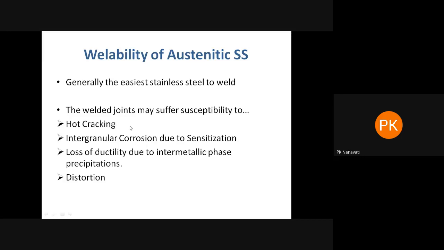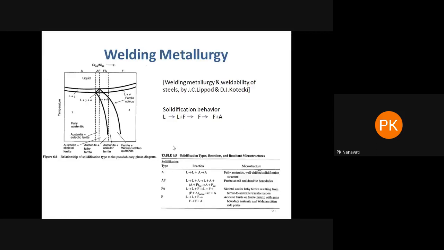These are hot cracking, then intergranular corrosion due to sensitization, then loss of ductility due to intermetallic phase precipitation, and distortion. So we have to take care of these issues. Let us discuss these issues one by one, to better understand the weldability of austenitic stainless steel.